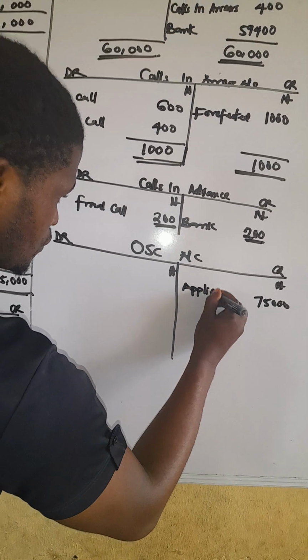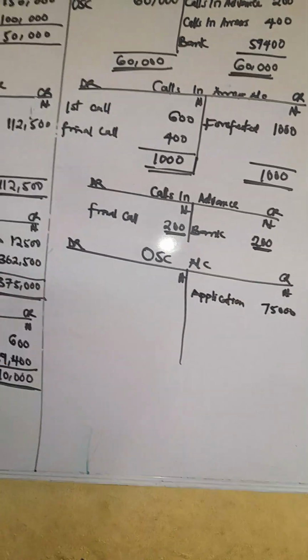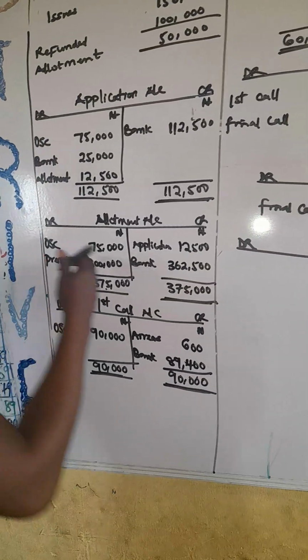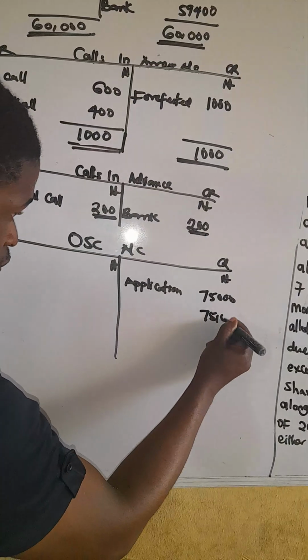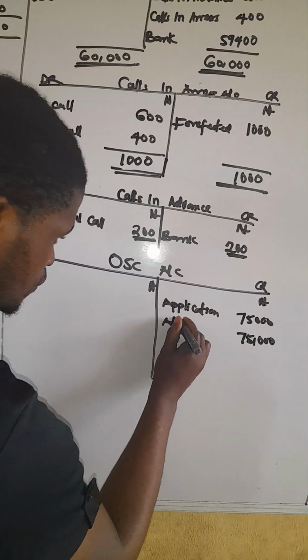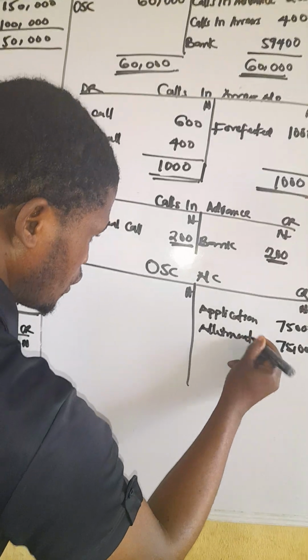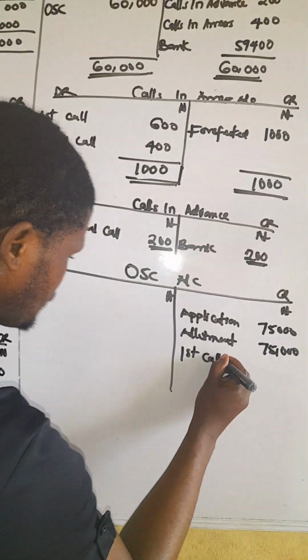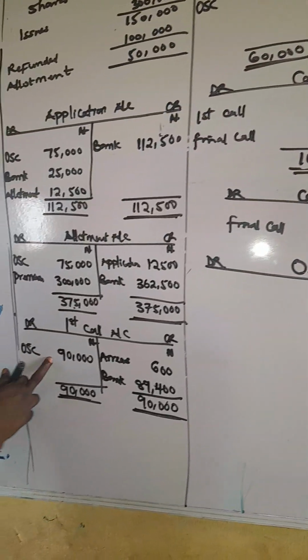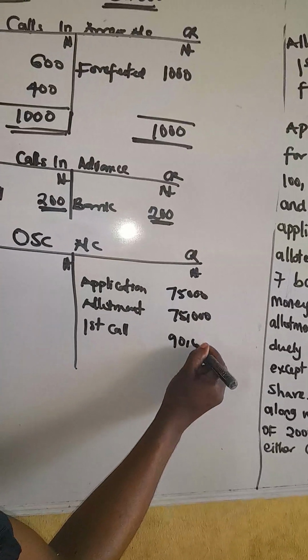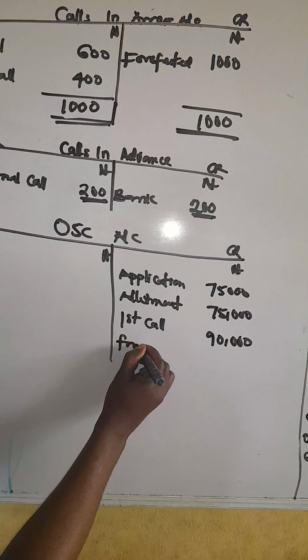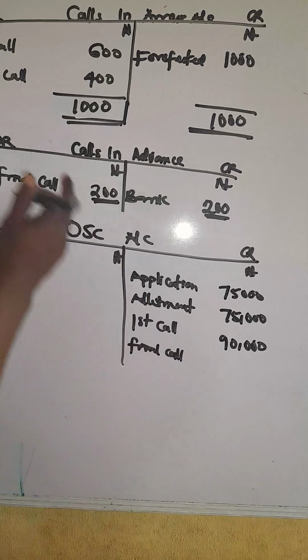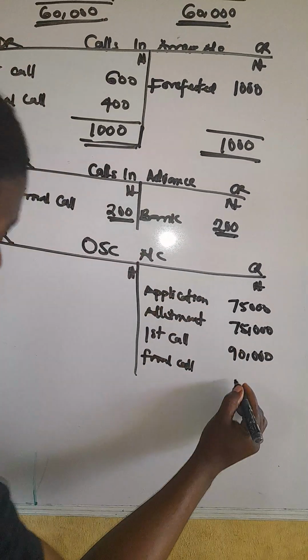Application. Then there's ordinary share allotment, 75,000. Then we have the first call, 90,000. The final call, ordinary share, 60,000.